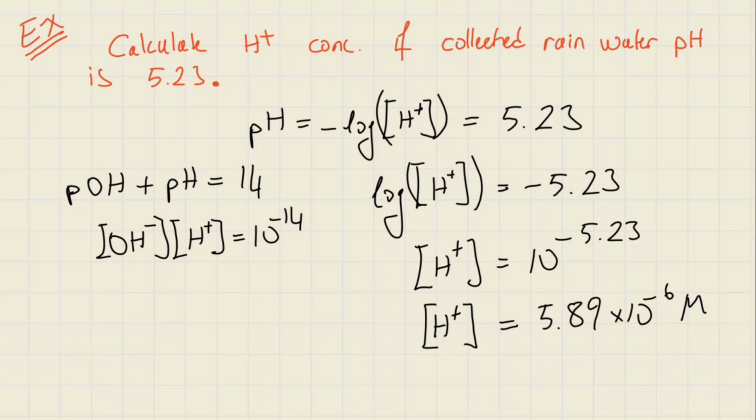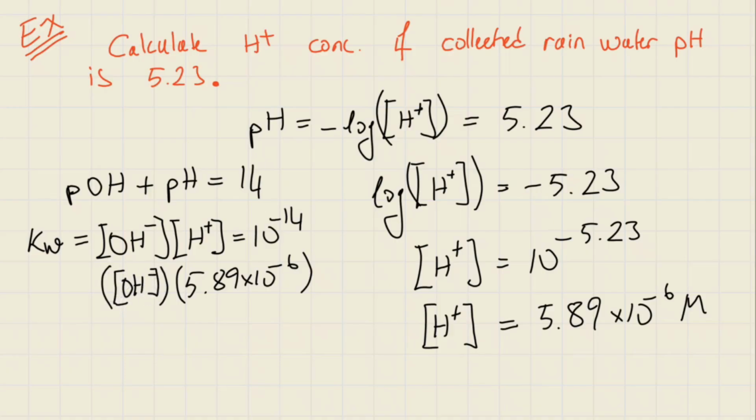And we know this from the Kw. So if the hydrogen plus concentration is 5.89 times 10 to the minus 6, the OH concentration can be found easily.